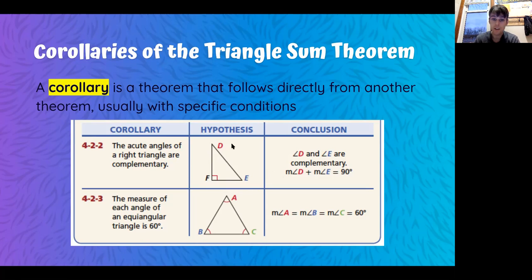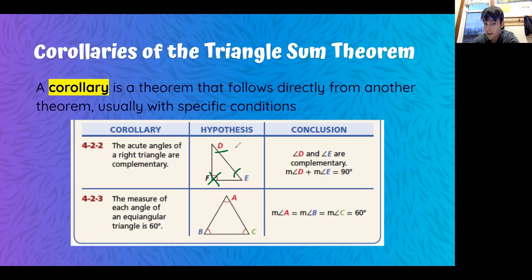So that means that these are complementary angles. So when you have a right triangle, the non-right angles, the acute angles, have to be complementary. They have to add up to 90. Because, again, they all have to add up to 180. If we're already accounting for 90 degrees of that right here, then these two have to make up 90 together.